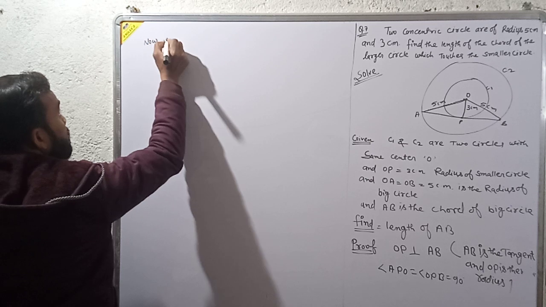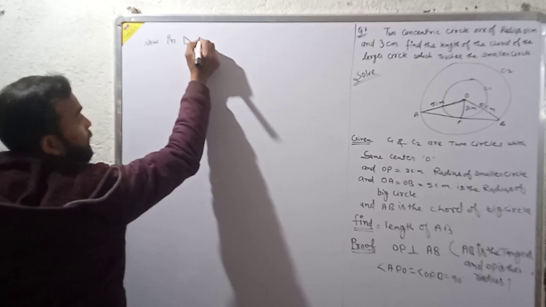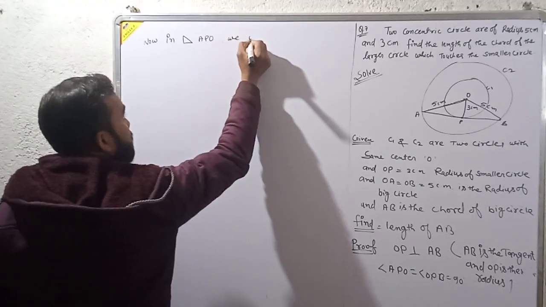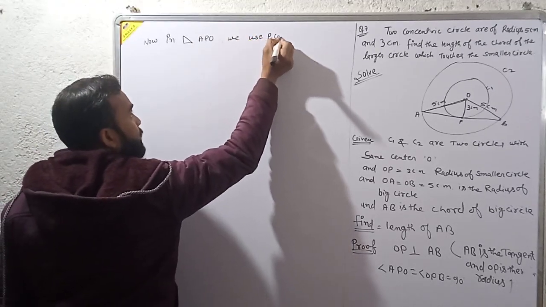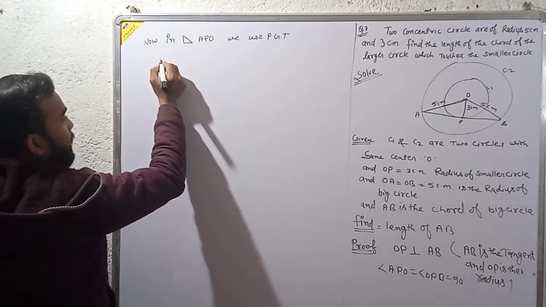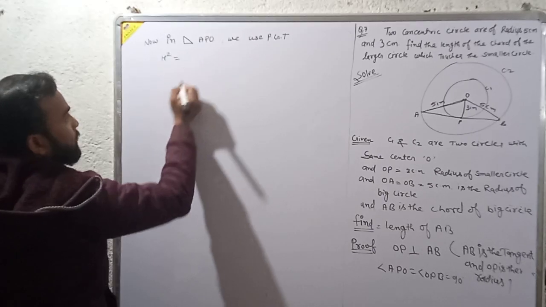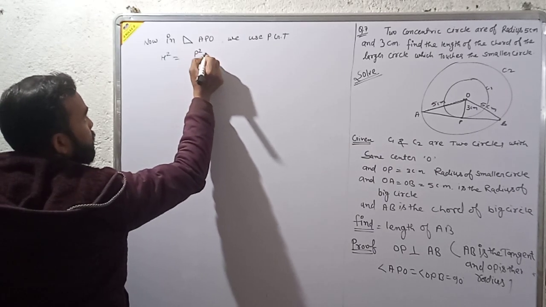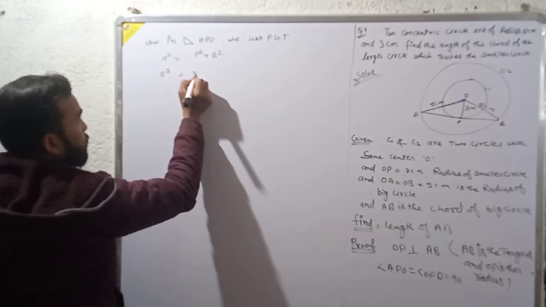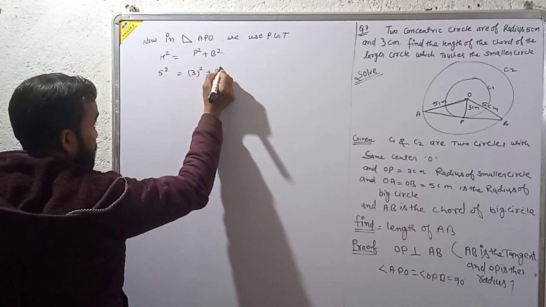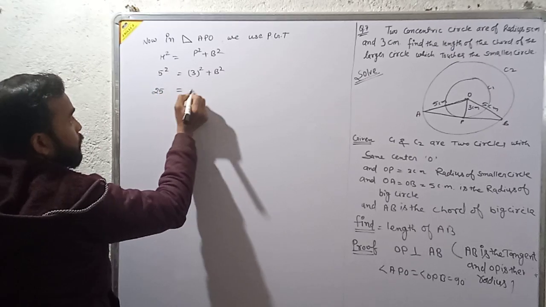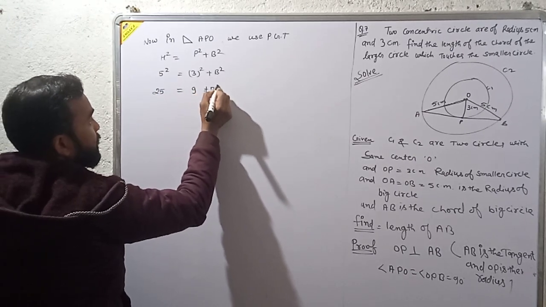Now in the right angle triangle APO we use PGT. So hypotenuse square is equal to perpendicular square plus base square. Hypotenuse is 5, so 5 square is equal to 3 square plus b square. 5 square will be 25 is equal to 9 plus b square.